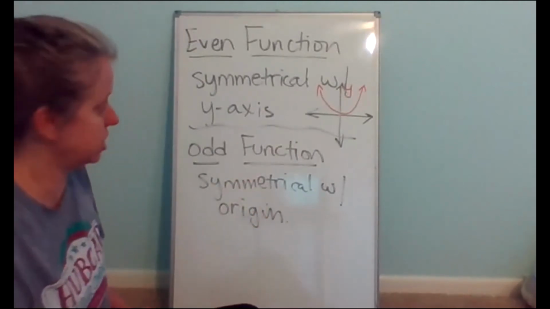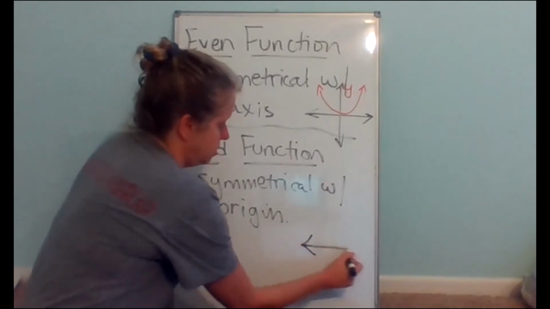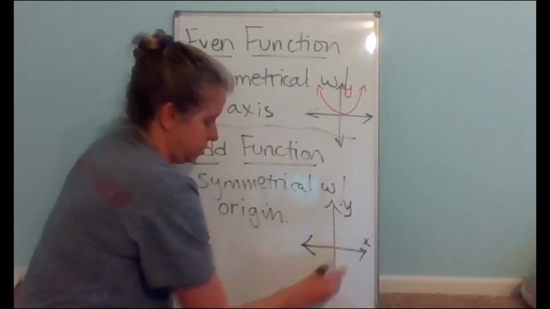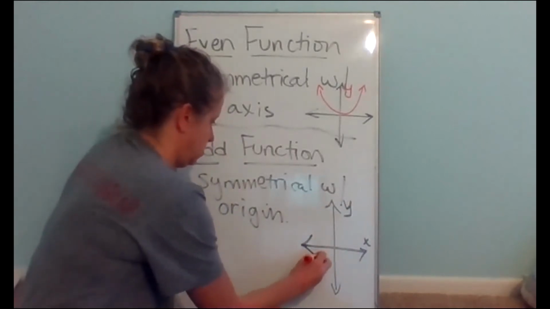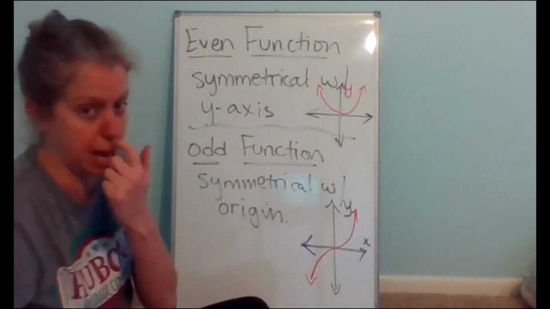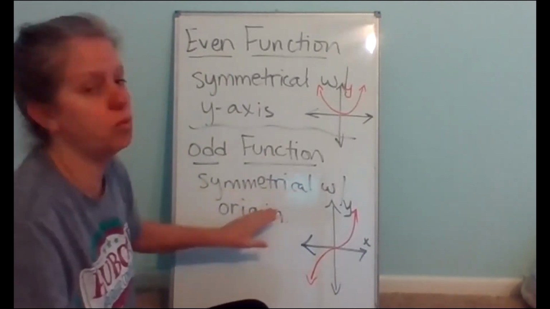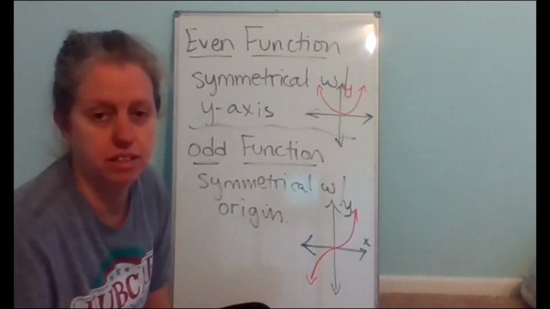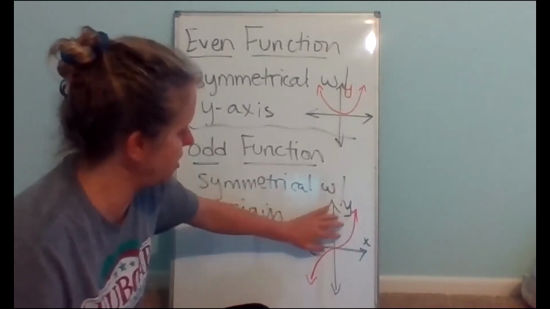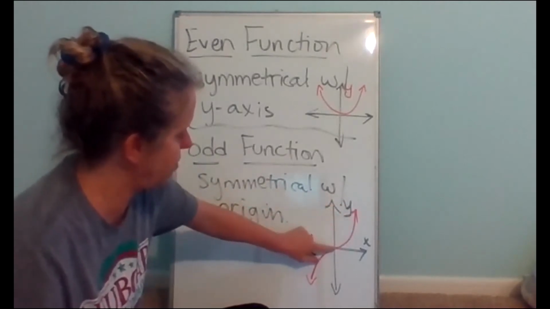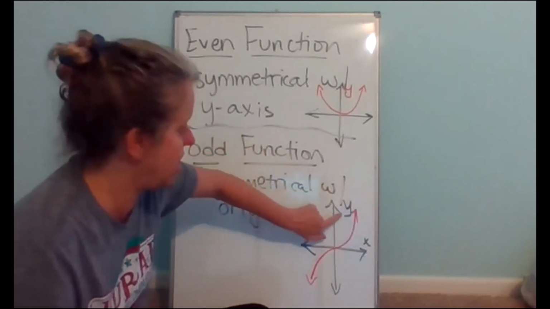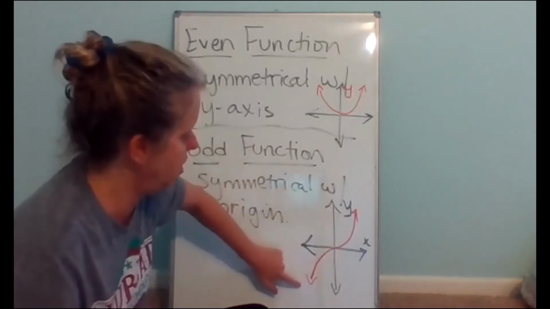Odd functions like x cubed, that's what the graph of x cubed looks like. You are symmetrical with the origin. Just like that last problem, if I rotated this part of the red graph 180 degrees, it would end up lying on this part of the red graph.